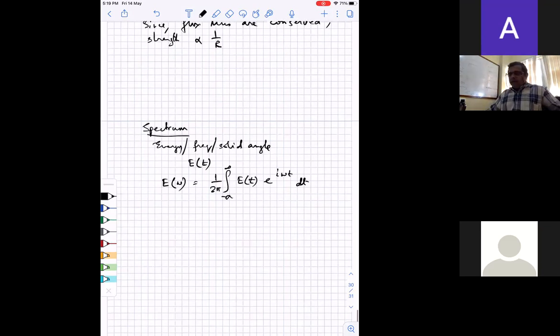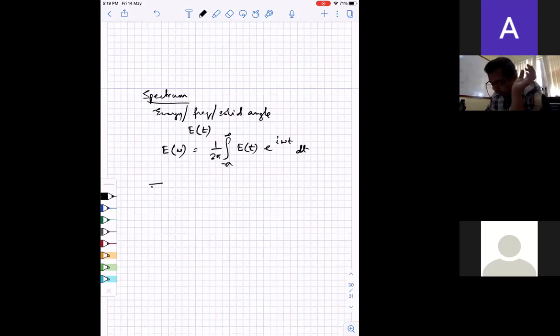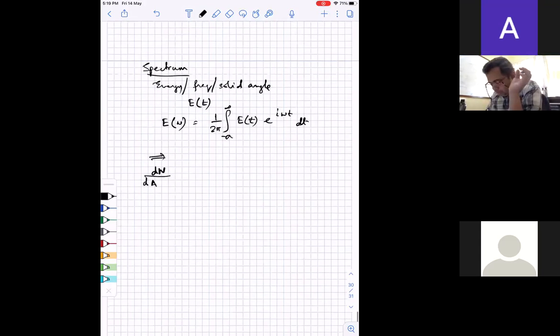And from what we've done before, this gives the energy per unit area and unit frequency. We saw that this was basically equal to this cross spectrum thing.